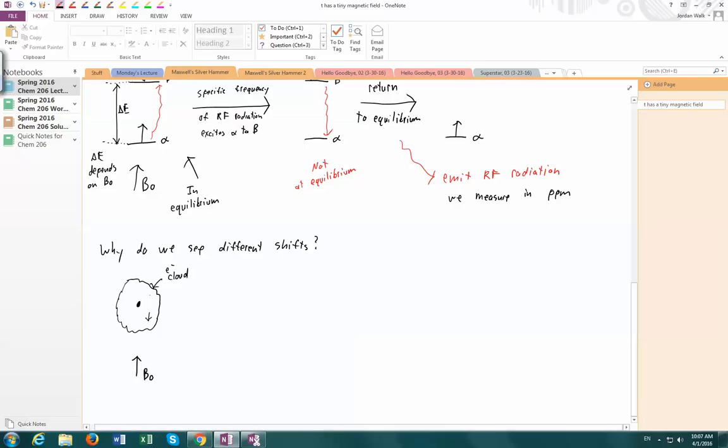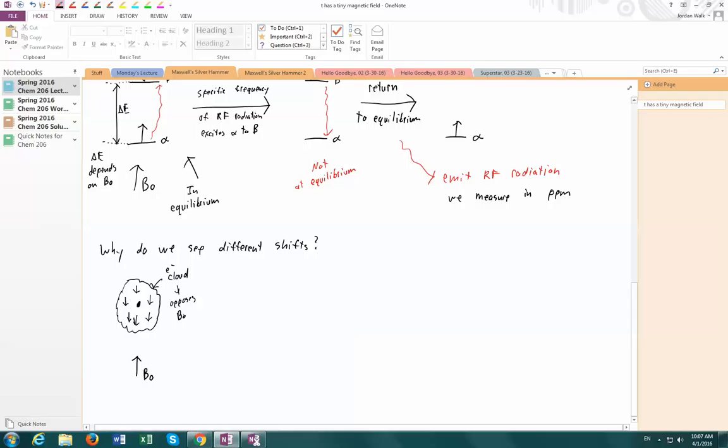So what happens is our electrons are going to have these tiny little magnetic fields that pretty much oppose B naught. And so if we have different protons that have different electronic structures around the molecule, are we going to have different amounts of electrons opposing that B naught? Ultimately, depending on how many electrons are around the proton in question, they see different B naughts.